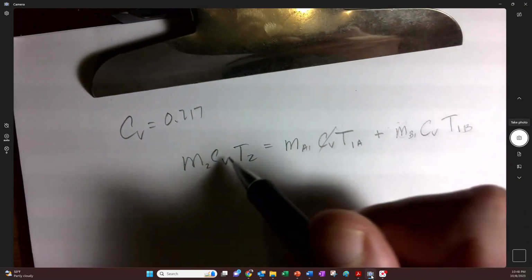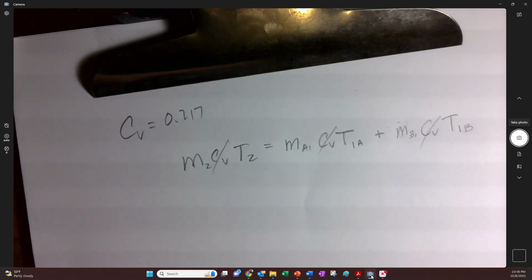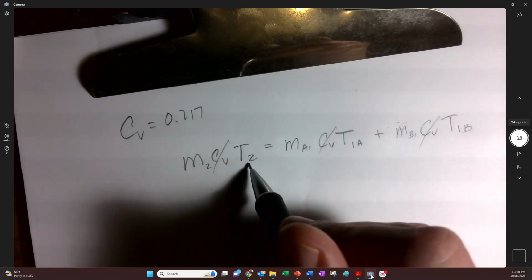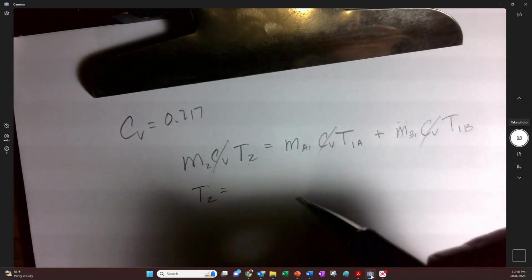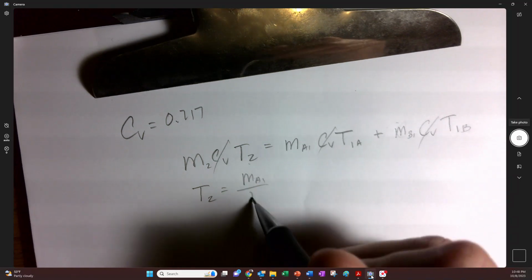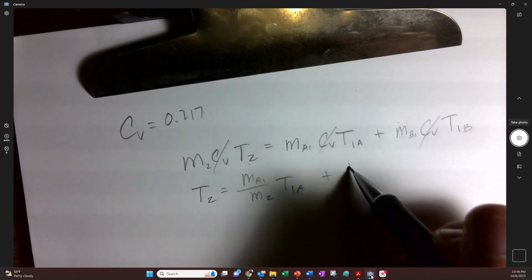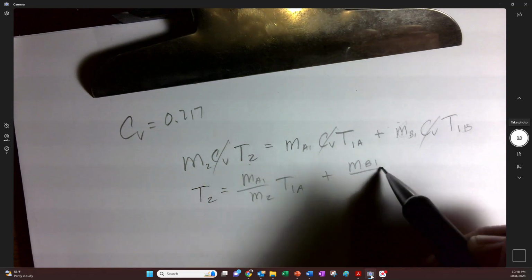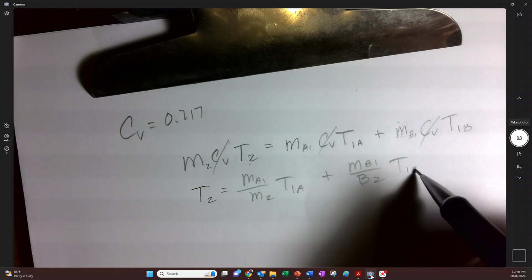You notice that the CVs all cancel out. I don't quite like that, but it's true here. I just want to see what my T2 would be. Just curious. T2 is going to be MA1 over M2 T1A plus MB1 over M2 T1B.